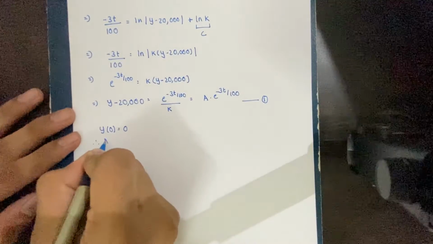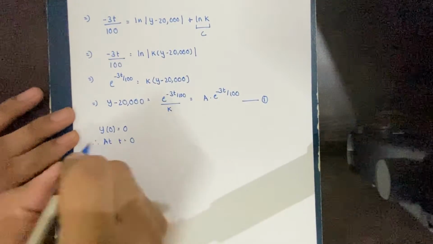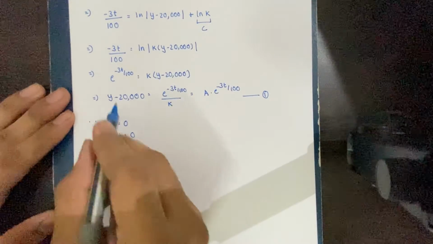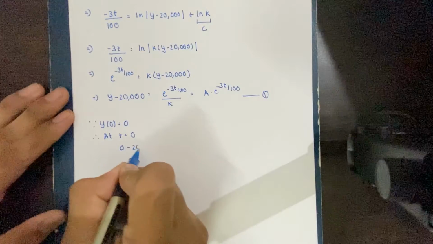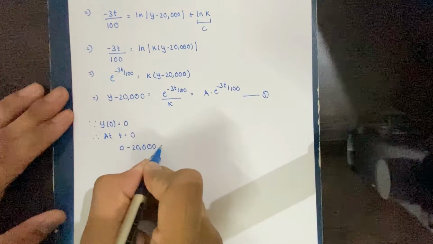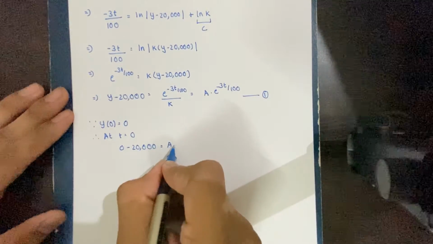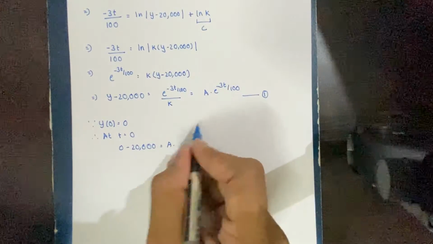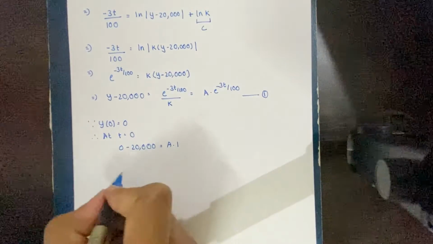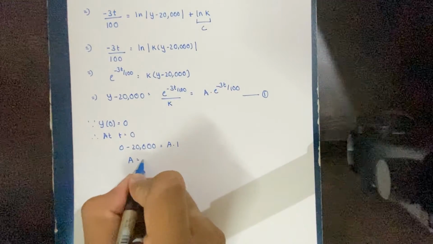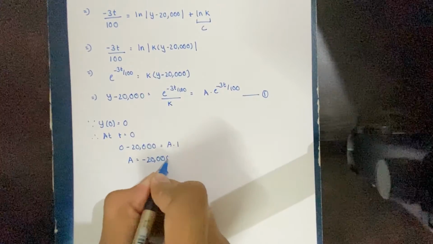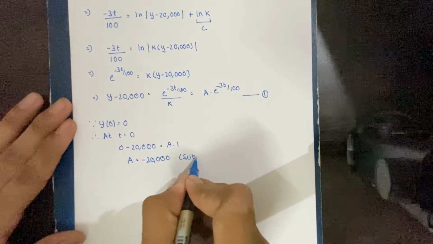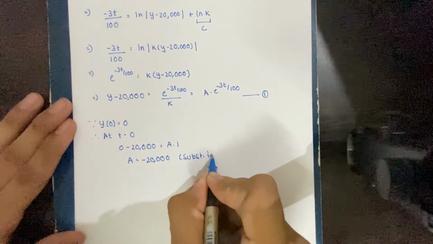Therefore at t equal to 0, since y is 0, 0 minus 20,000 equals a times e power minus 3 times 0, so that's e power 0, which is 1, and we get a as minus 20,000. Now substitute this in equation 1.